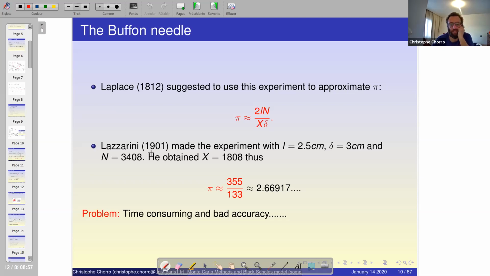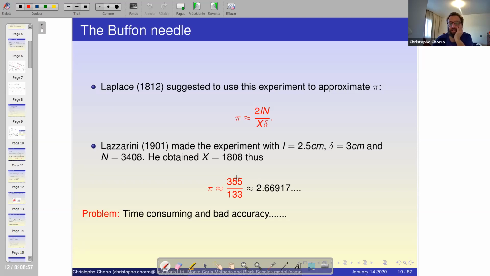He did this experiment with L, a length for the needle, of 2.5 centimeters, delta of 3, and capital N being this number. This way he obtained this approximation of pi.